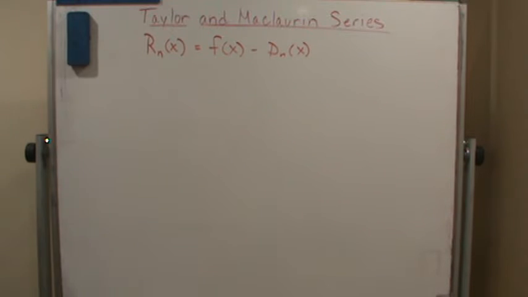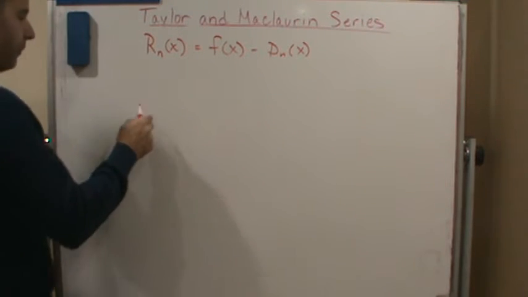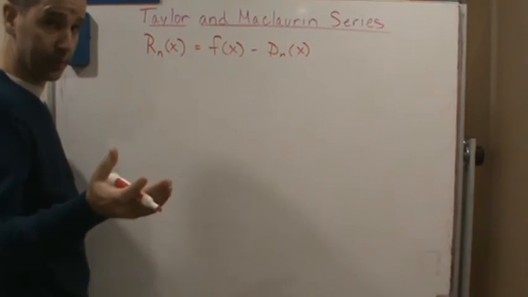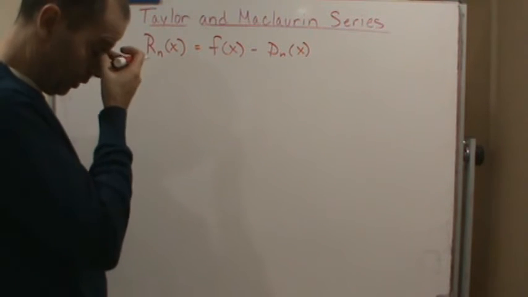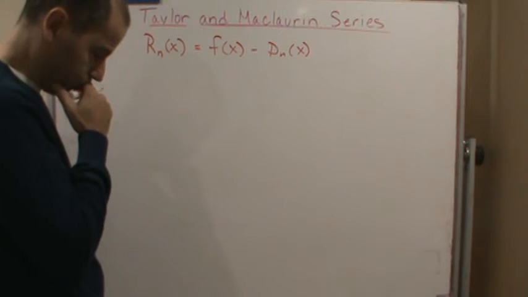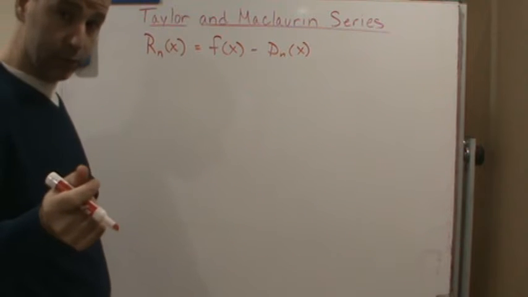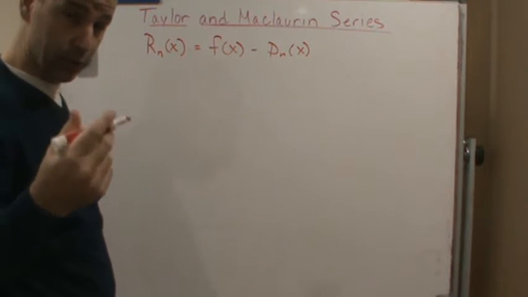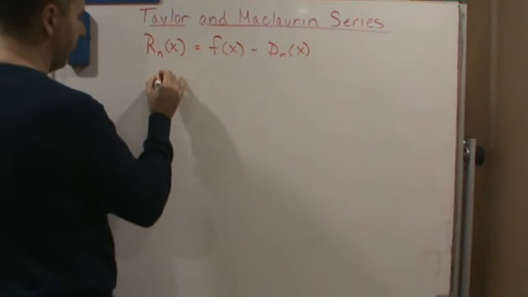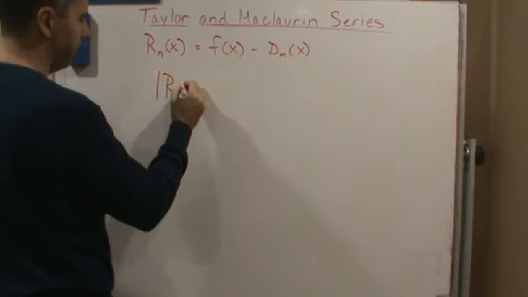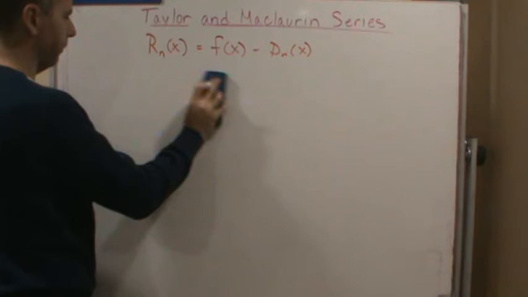Just like with other error bounds, we're looking for the maximum value, so we want to see if r sub n is going to be bounded somehow, but let's see how we get there.